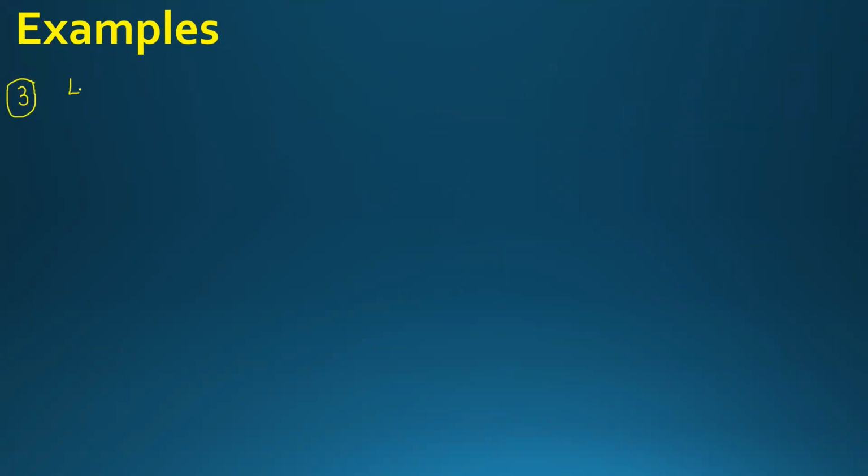So we have 4x minus 7 is equal to 29. So let's do this one.